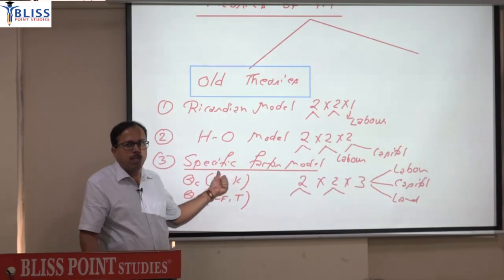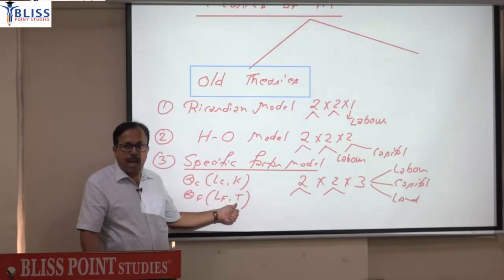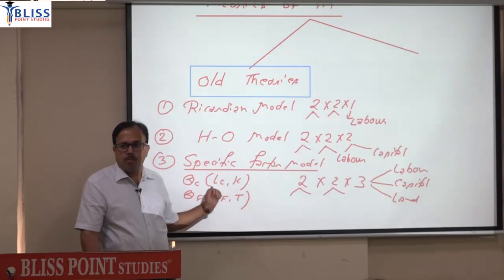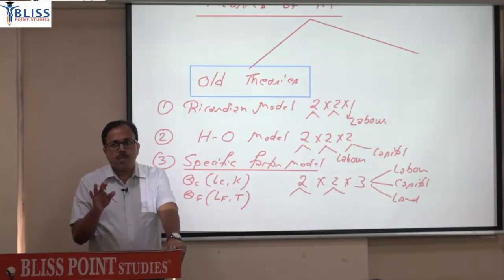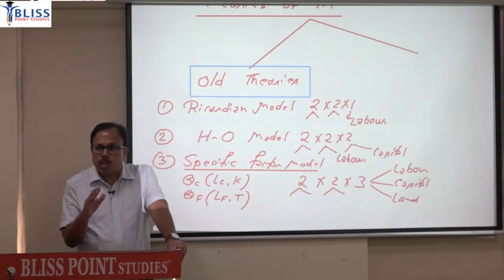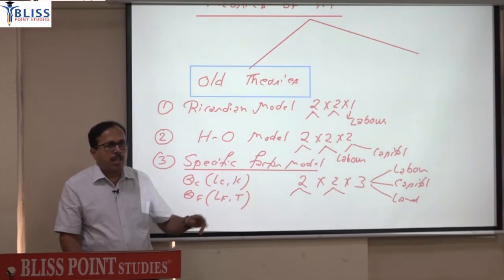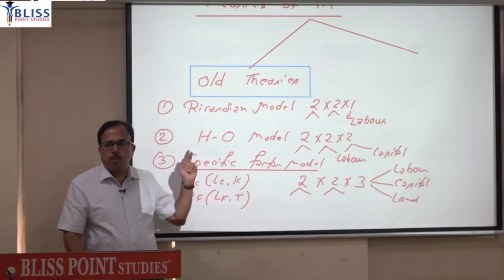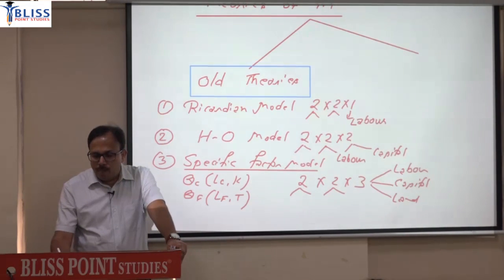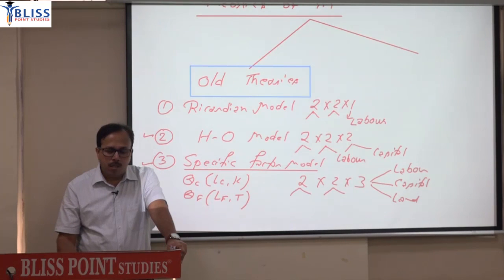So capital becomes specific for cloth, and land is not required for cloth. So land becomes specific for food. So one factor is specific. Specific means fixed. That factor cannot move from one industry to the other industry. But in the HO model, both labor and capital can move from one industry to the other industry. So that will be the main difference between the HO model and the specific factor model.